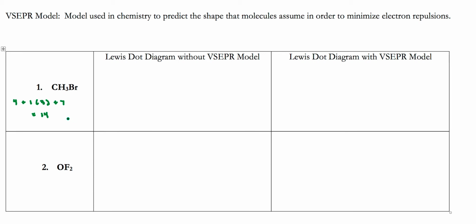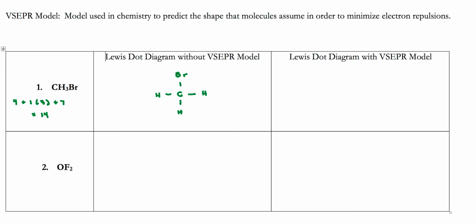My next step is to share the electrons. Carbon is going to be my central atom because it's first, and I've got 1 of them. Then I've got bromine and 3 hydrogens. What I'm going to do in this step is simply share electrons by using a covalent bond for each of them.